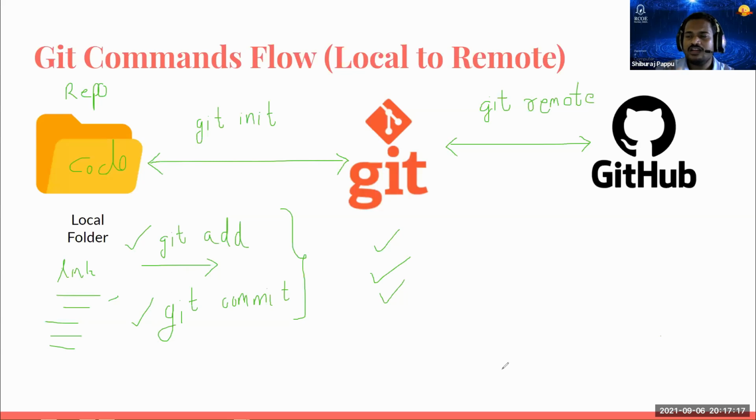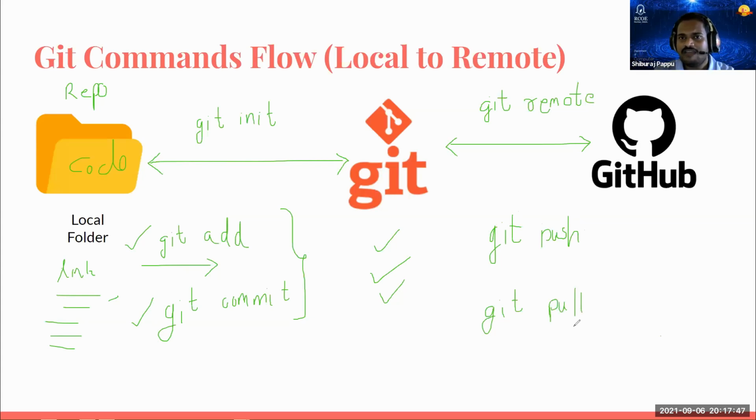Again, you have to run another set of commands to submit data to GitHub. To submit data, you will do git push. What git push does is take data from Git and send it to the GitHub repository. And there is another command which is called git pull.